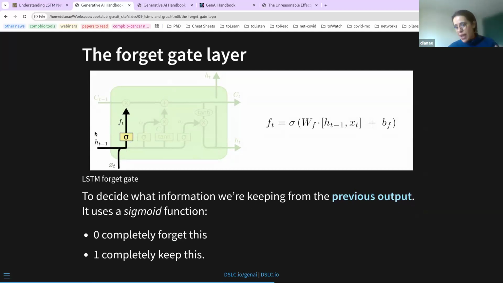It uses a sigma function, and we can interpret the output of that sigma function like this: if we get a 0, we completely forget this part of the information from the previous output, and if we get a 1, we keep it. So that is the first operation in our network. We first decide what we're going to keep from the previous output.